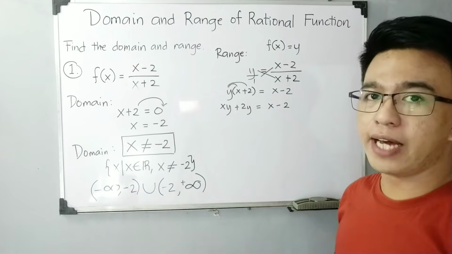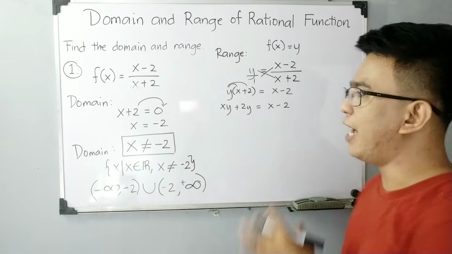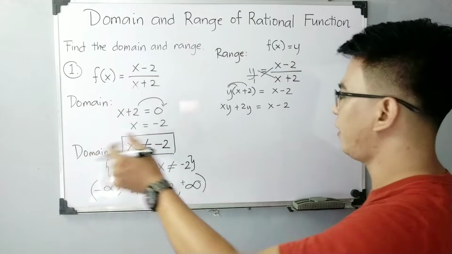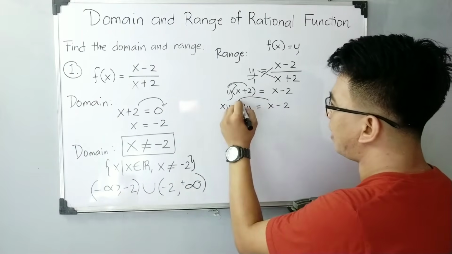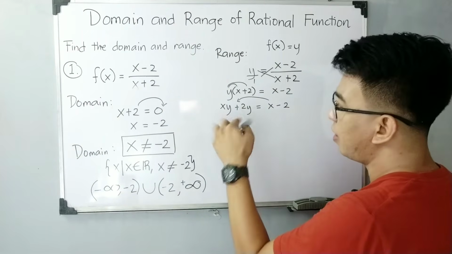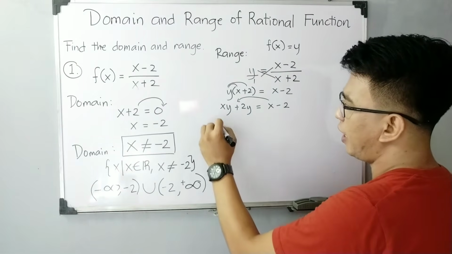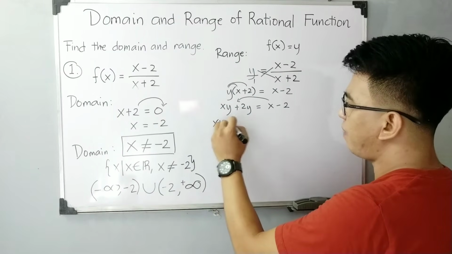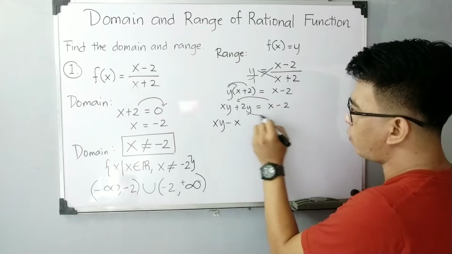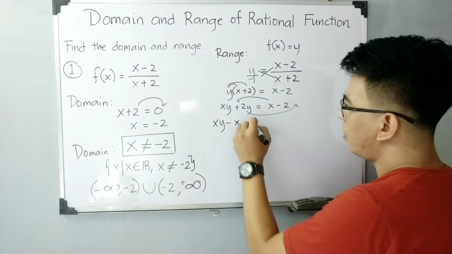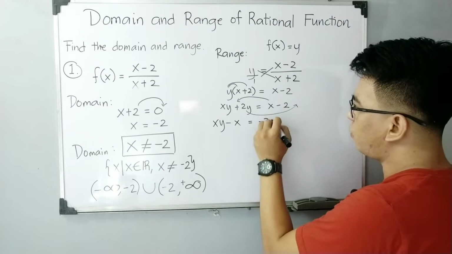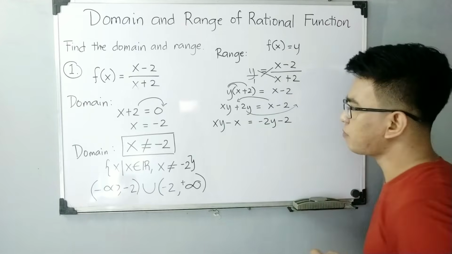And then we will solve for x. All the x terms need to go to one side. So, transpose this x to the other side, it will become negative. This one will just stay here, xy minus x. And then this y on the other side becomes negative 2y minus 2.